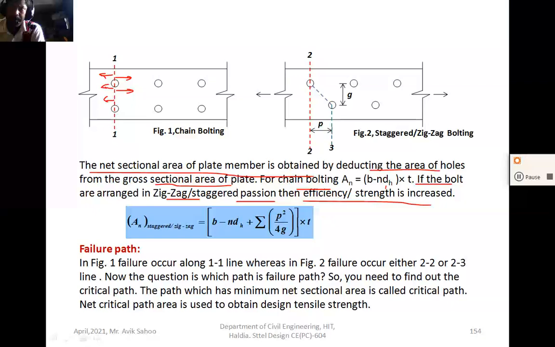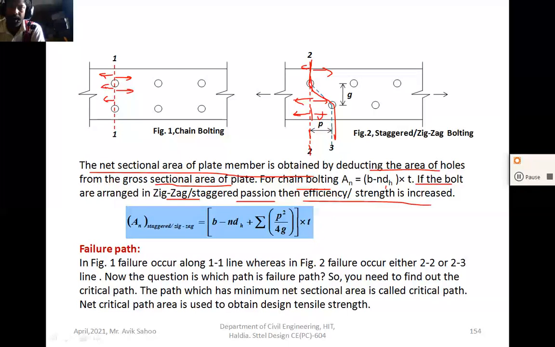Now the failure may occur in different possible ways. It may fail along this line, so you have to find which path is the failure path. Or it may fail along this other line.